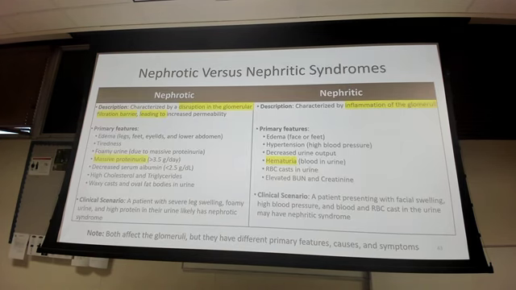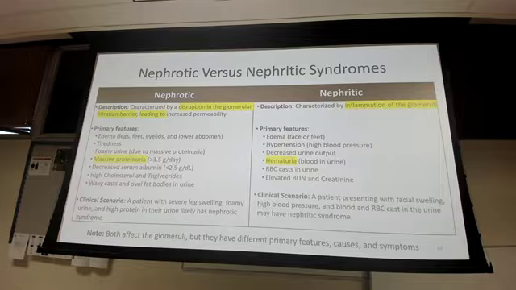All right, so this is another important slide, nephrotic versus nephritic syndromes. Okay? Make sure that you memorize this one. You'll be tested a couple times on this. So nephrotic is characterized by the disruption in the glomerular filtration barrier. This leads to increased permeability.